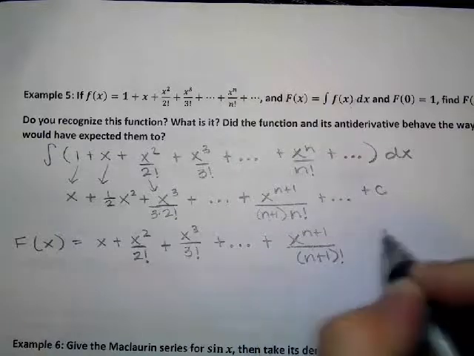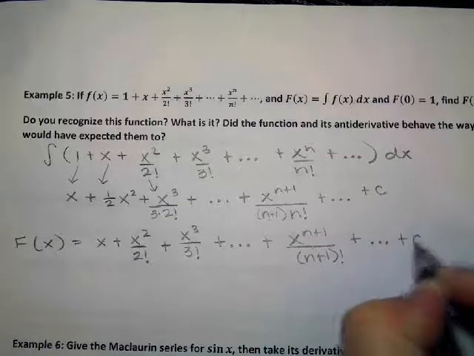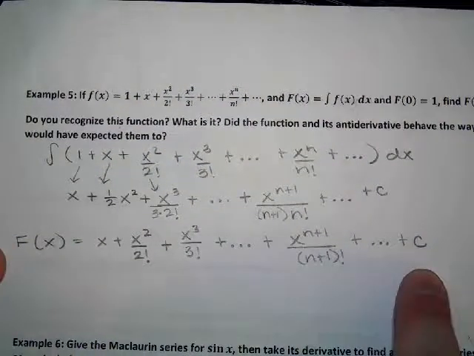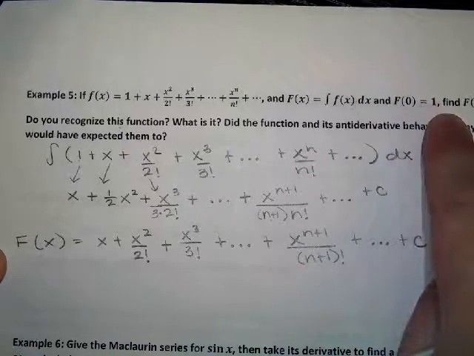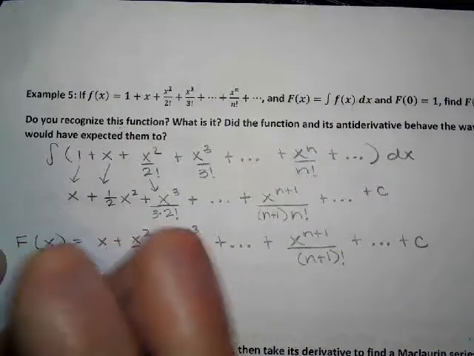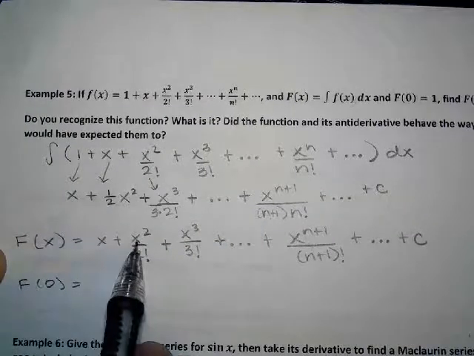Okay, so now it says take this and plug 0 in for x and plug 1 in for y. Are we comfortable with that? Okay. So F of 0 equals 1. So I'm going to plug 0 in for all of these. So what happens when I plug 0 in for all of these?